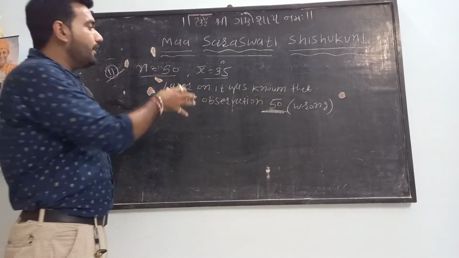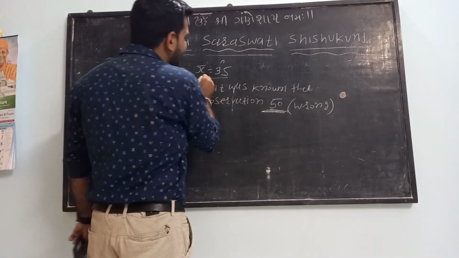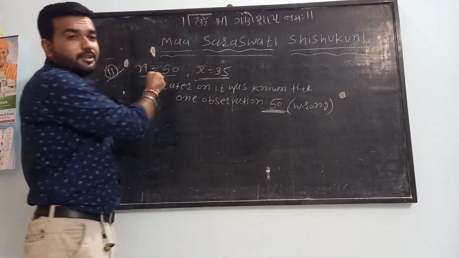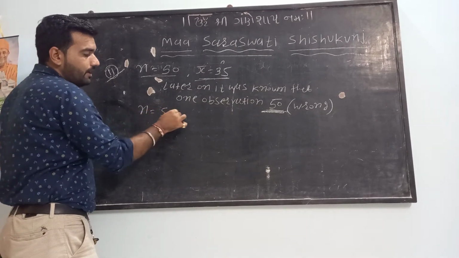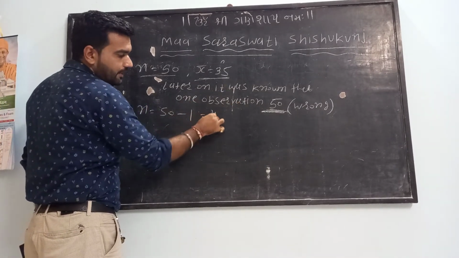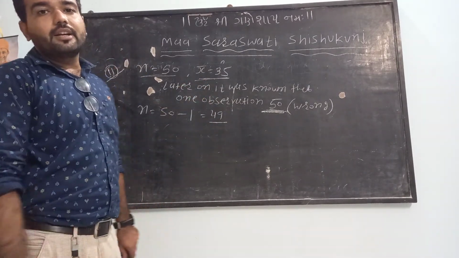First of all we remove the observation 50, so the remaining observations are 50 minus 1, so n is equal to 49. For the remaining 49 observations we have to find the mean.